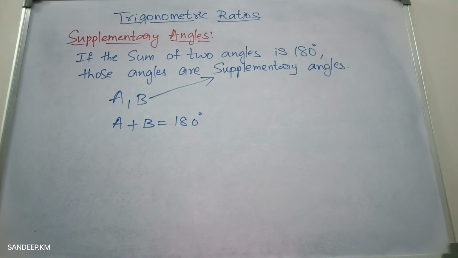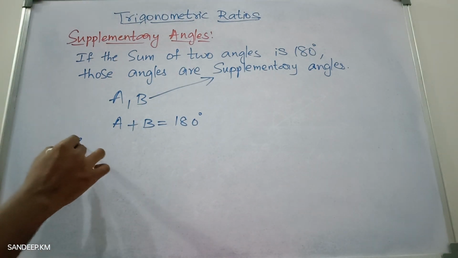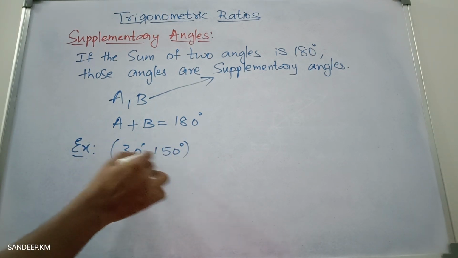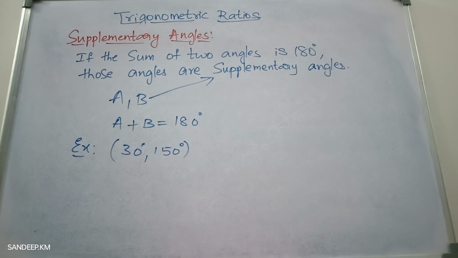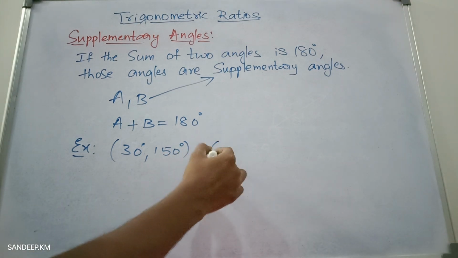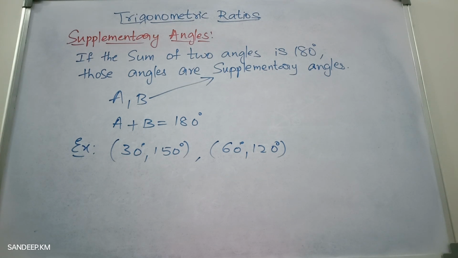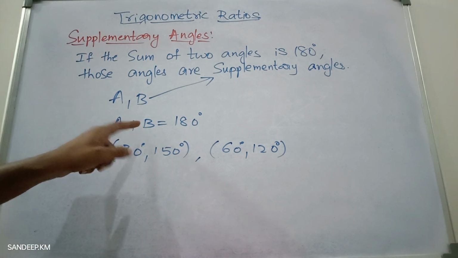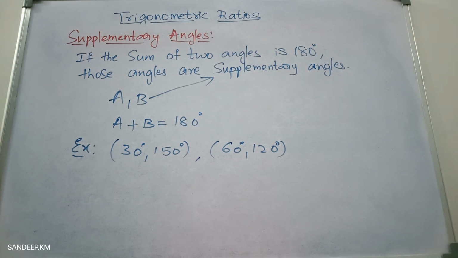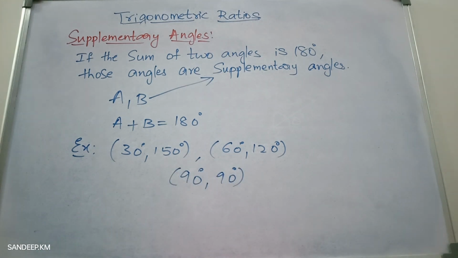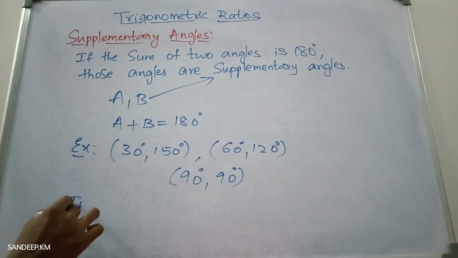Example: 30 degrees and 150 degrees are supplementary angles of each other. Similarly, 60 degrees and 120 degrees. And what if two angles are supplementary and at the same time equal? That pair is 90 degrees and 90 degrees.